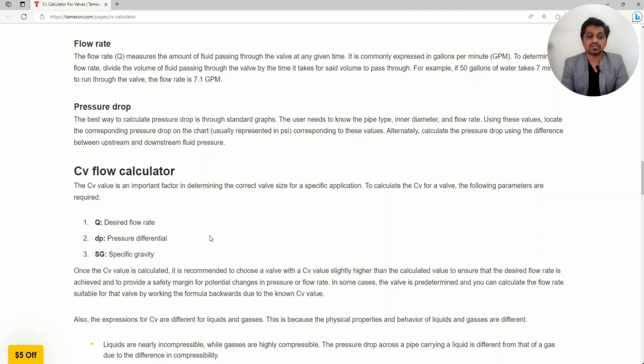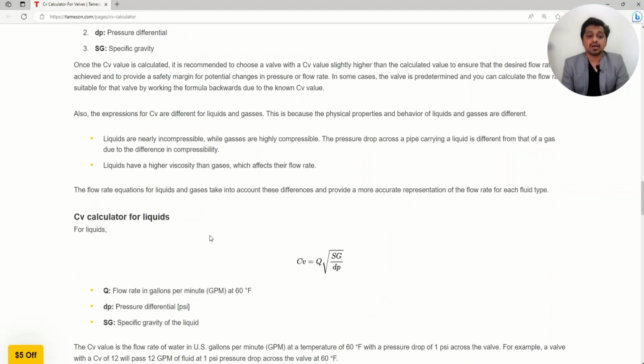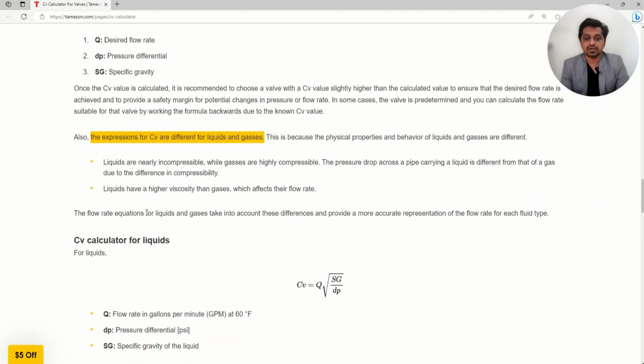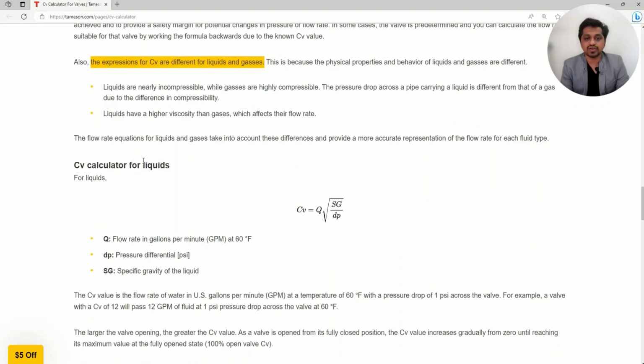Now this formula will be different for gas and liquid, because liquids and gases have different properties, so the formula cannot be the same. Let's check out the formula for liquids first. The CV value is equal to the flow rate Q under the square root of Hg divided by dP, which means CV is directly proportional to the flow rate.